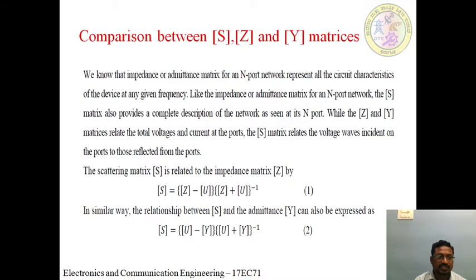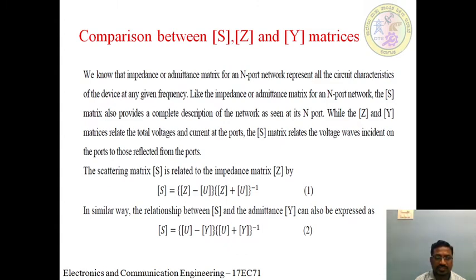Consider that the scattering matrix S is related to the impedance matrix Z as: scattering matrix S equals Z matrix minus unitary matrix, multiplied by the inverse of Z matrix plus unitary matrix.